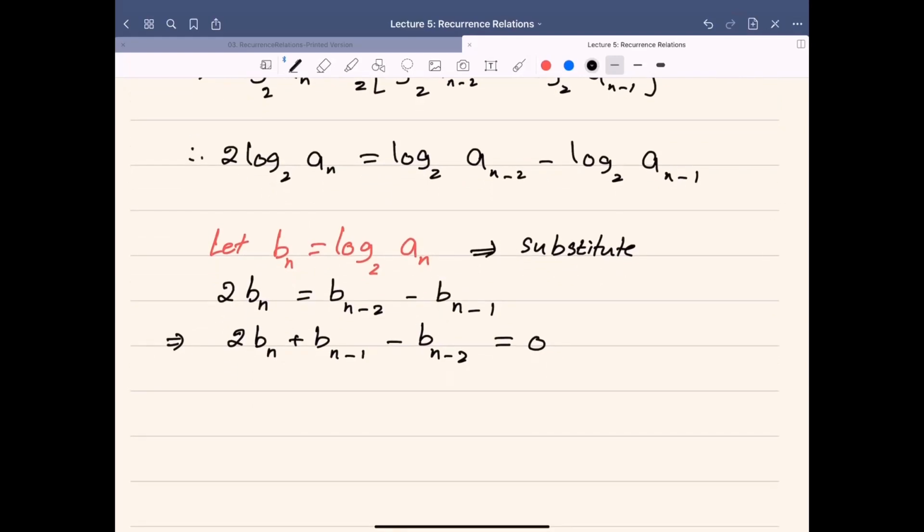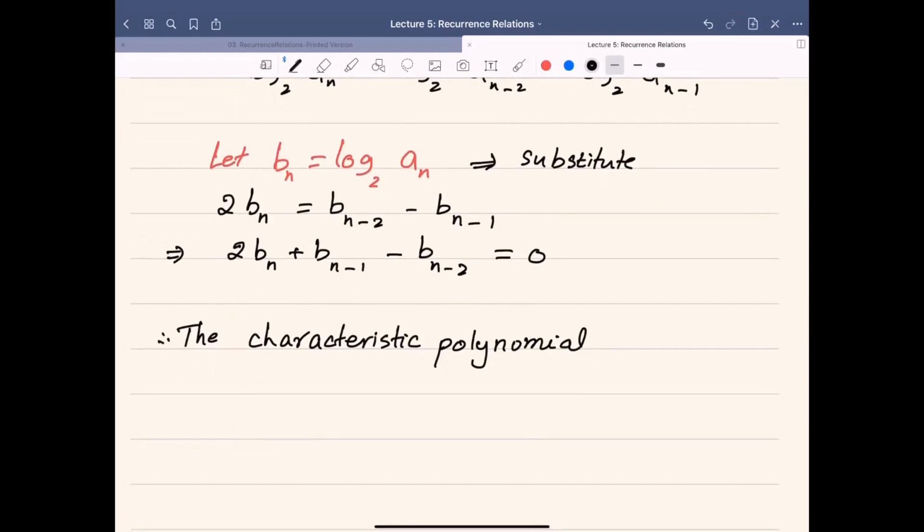By the characteristic polynomial, it will be 2x squared plus x minus 1 equal to 0, and this will be equal to (2x minus 1) times (x plus 1) equal to 0.